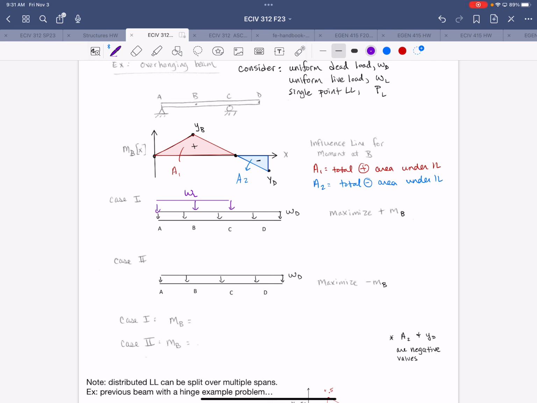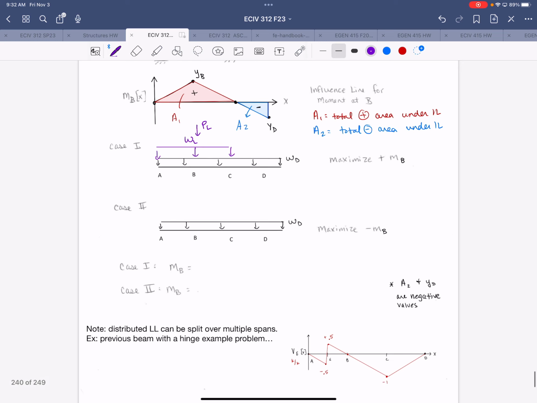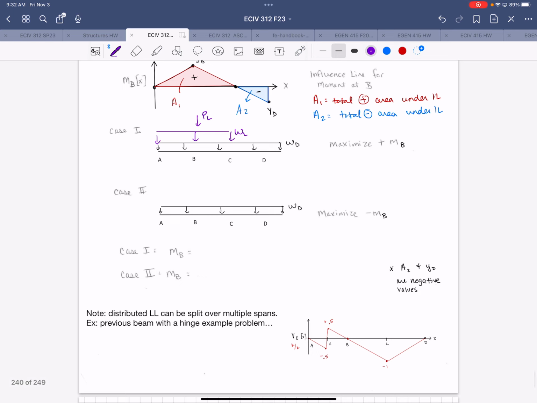And then where would we want to place the point live load? B. Exactly, right at B. How about case 2?